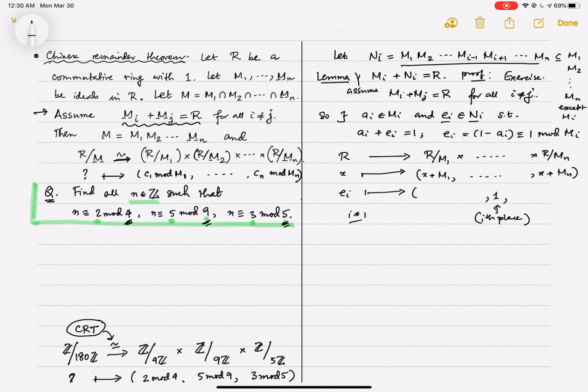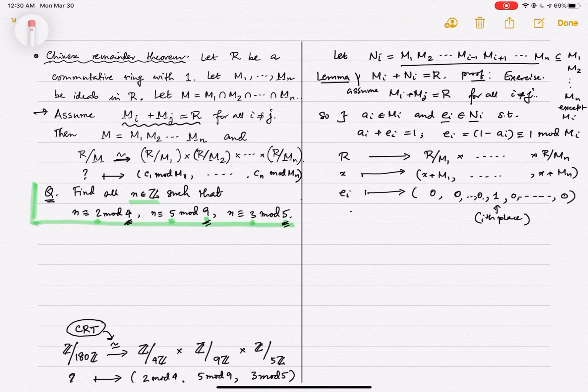So because n_i is in m1, when you go mod m1, you get 0. Similarly, you get 0 here, 0. So these e_i's go to basically 0, 0, 0, 1, 0, 0, 0. So like the unit vectors. That's why the name e_i.